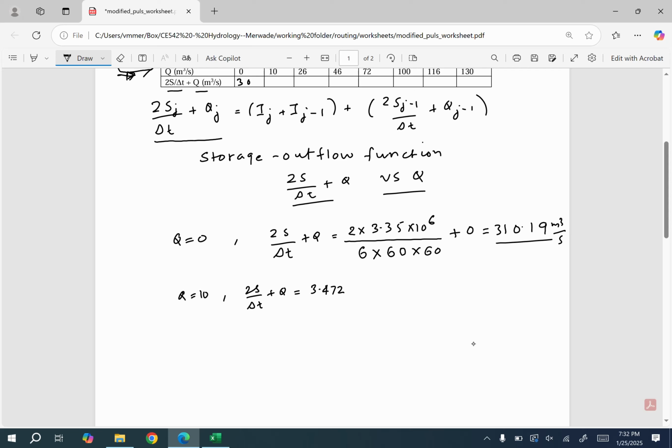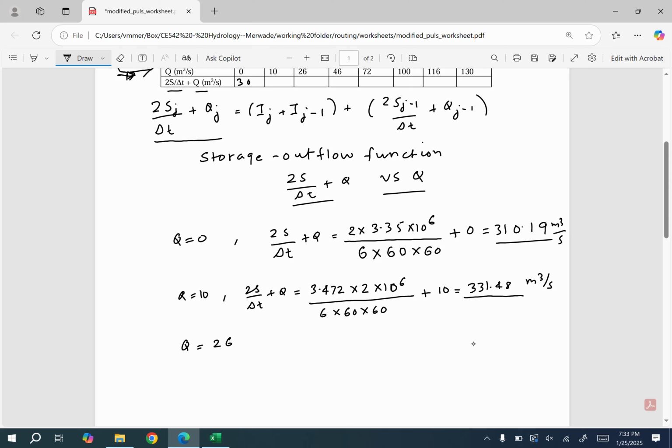We have 2S, so I'm going to multiply this by 2, times 10 to the power of 6, divided by, again, 6 hours times 60 minutes times 60 seconds, and our Q is 10. Again, you solve that, and then you should get 331.48 meter cube per second.